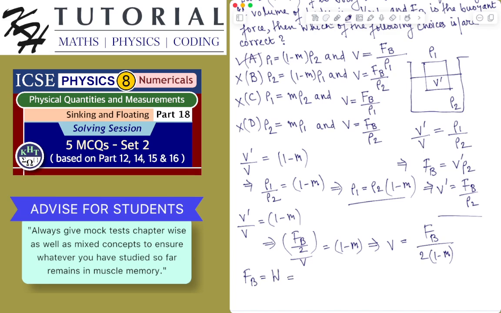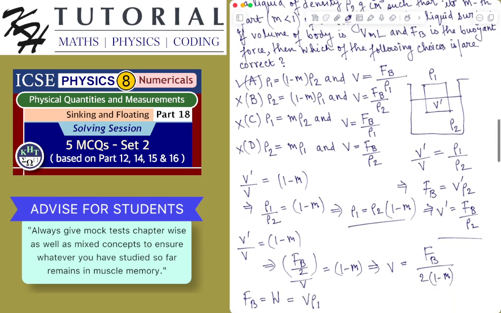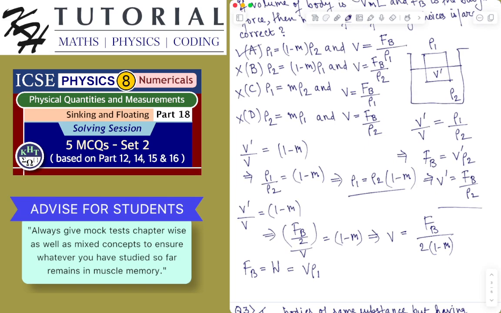And what is the weight of the body? It's mass times g force. So what is the mass of the body? It is volume V times rho 1, and rho 1 is the density of the body. So clearly from here we can see that V is equal to Fb by rho 1. So V is equal to Fb by rho 1.